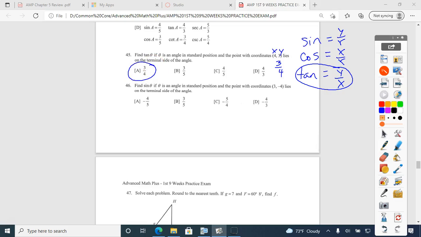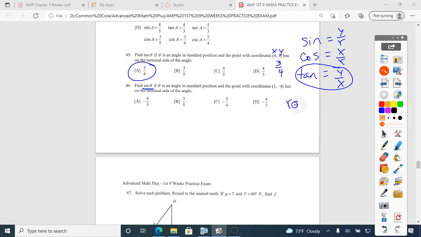Okay. Same process here, only this time we're finding the sine. Sine is y over r. So we actually have to find r on this one because we need it. We didn't need it on 45, so we didn't worry about finding r. But on 46, we need r.